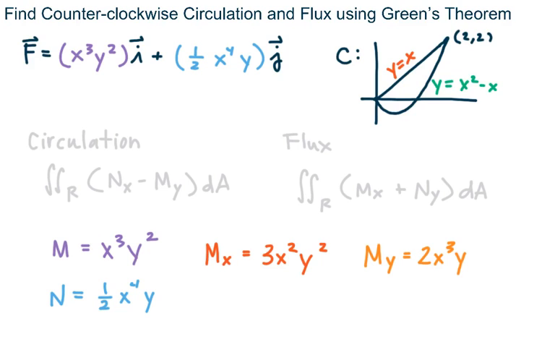Similarly, n partial with respect to x is going to be 2x cubed y. And lastly, n partial with respect to y is going to be 1/2 x to the fourth.